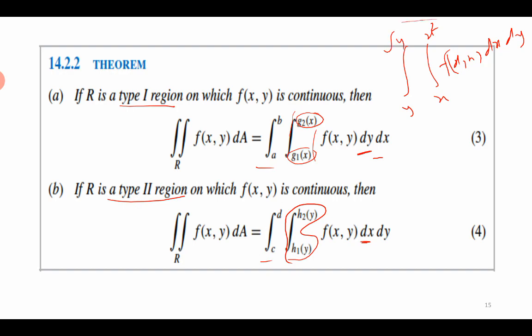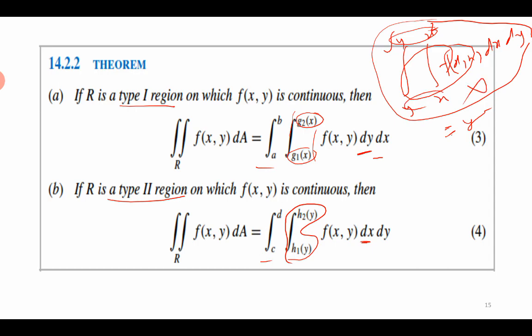This case does not exist for area. When you integrate such functions, you will not end with constants. The answer will be a variable. It's not possible, right? So there is no such case where all the limits are variables. So in the first case, type 1, we start integration with respect to y first. Type 2 integration will be with respect to x first. Accordingly, the limits should be chosen from the graph.